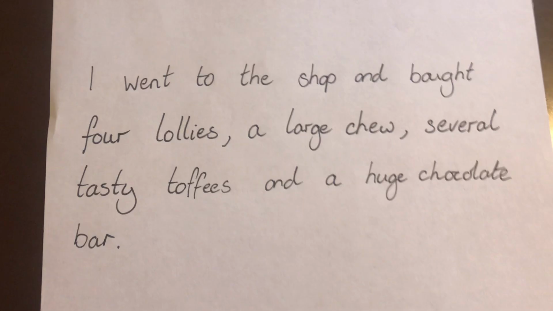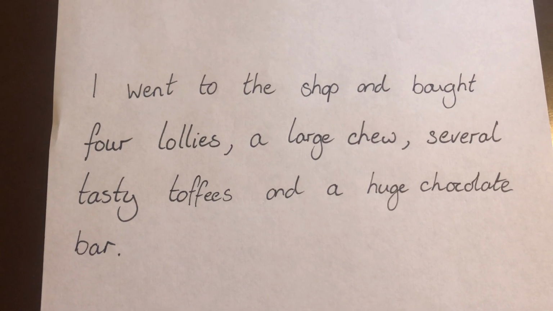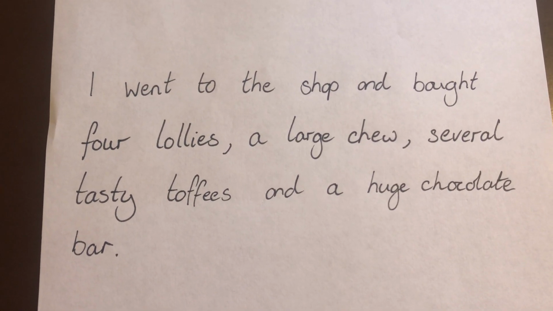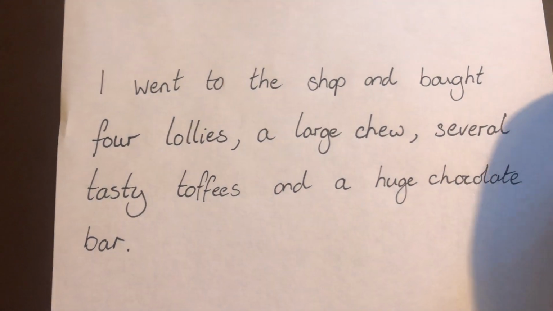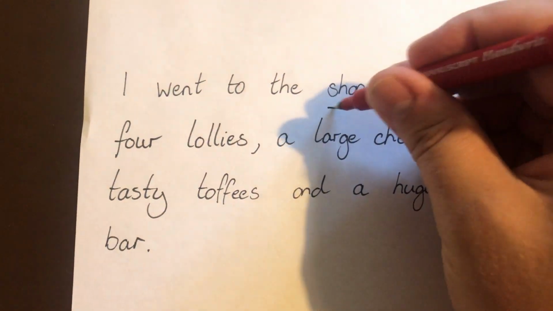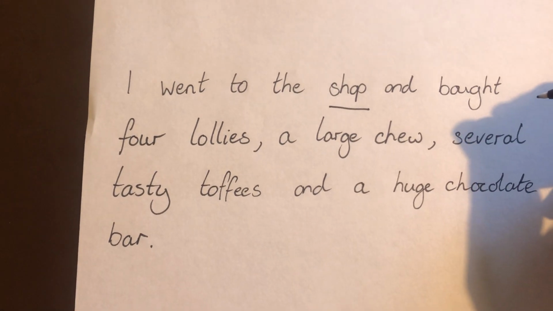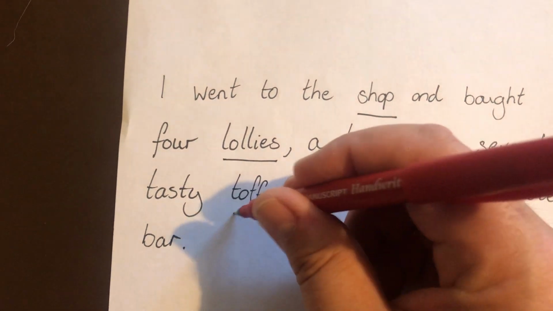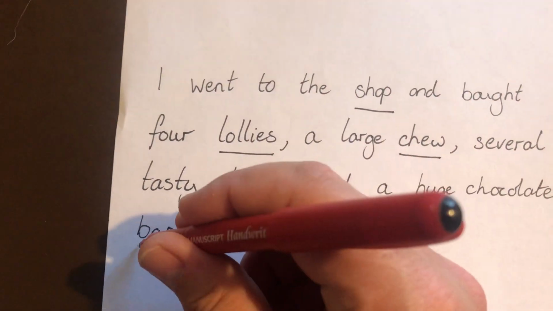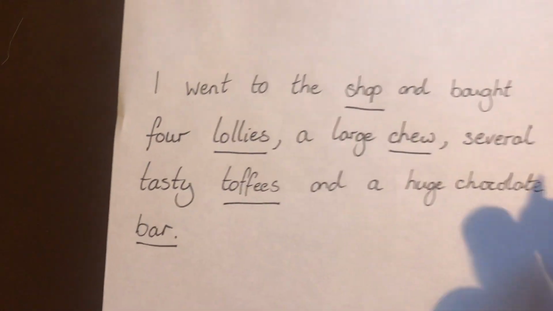Second sentence here. I went to the shop and bought 4 lollies, a large chew, several tasty toffees, and a huge chocolate bar. Greedy old things. So let's have a look. These are the nouns: shop, lollies, chew, toffees, and bar.